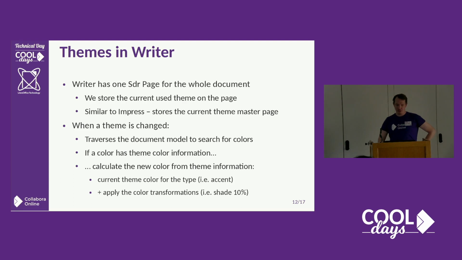So when the user changes the theme, we now have to traverse the document model and search where the colors are used and change them according to the theme change. And of course, we have to calculate a new color on the fly and take into account which color it is and what the transformations are.